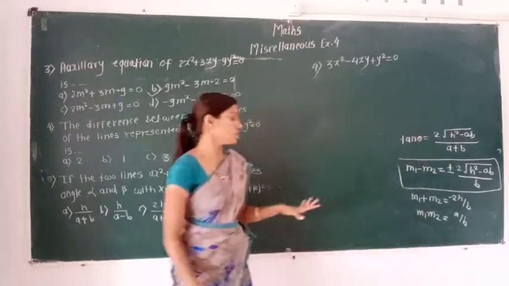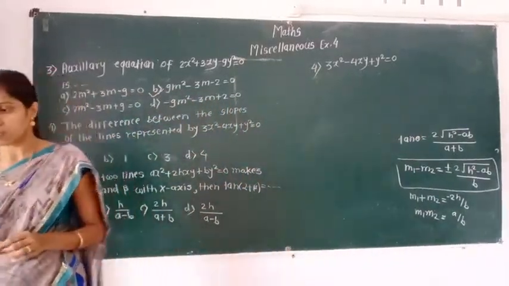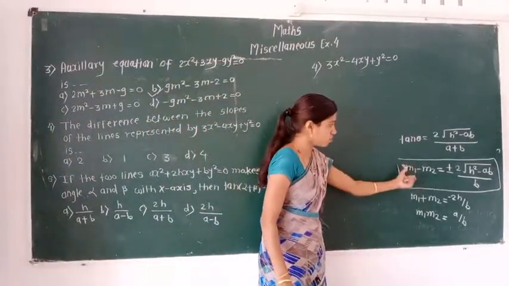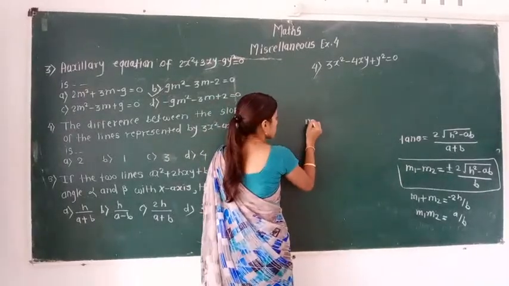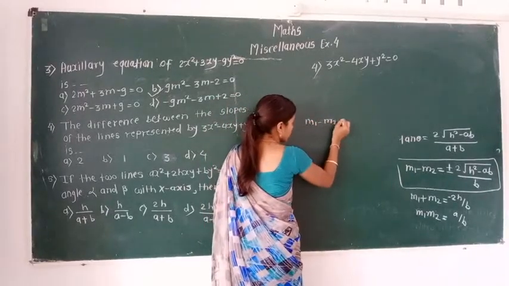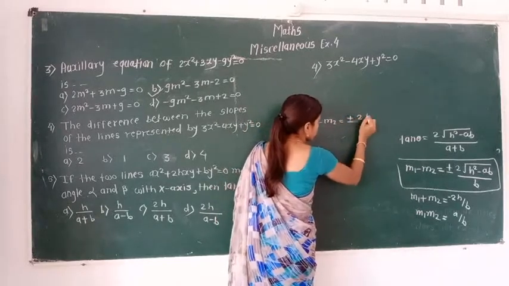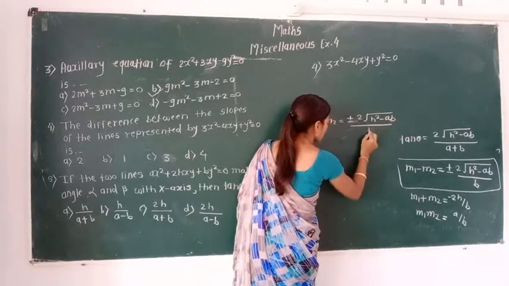But in this example we have to find the difference between the slopes. Now see here, take this result. Difference between slopes is m1 minus m2 is equal to plus minus 2 root of h square minus ab, divided by b.